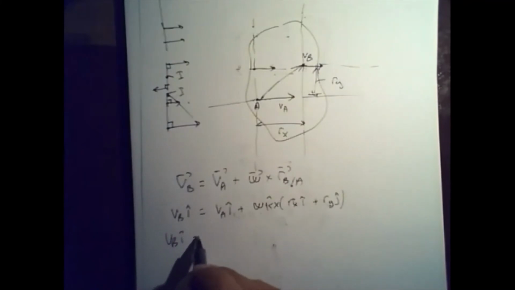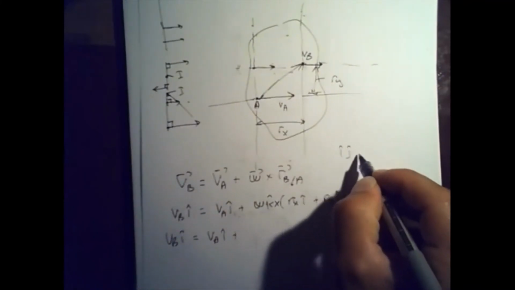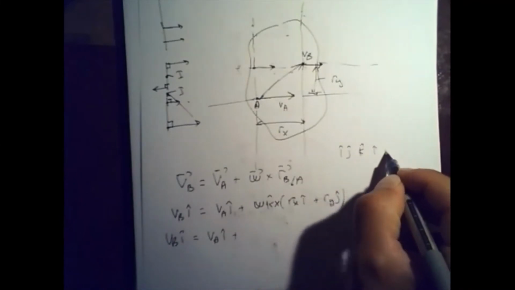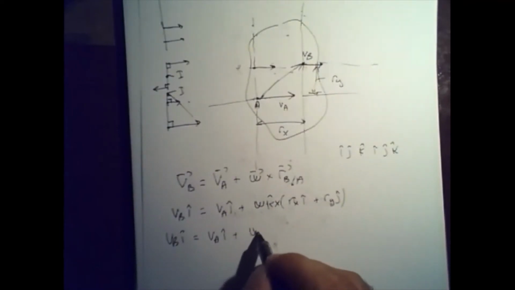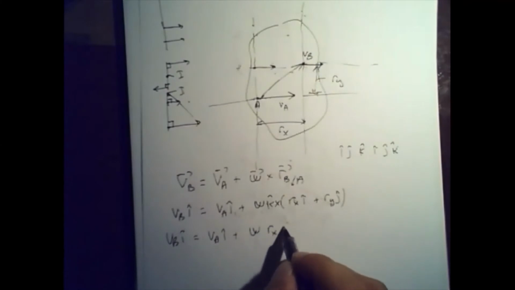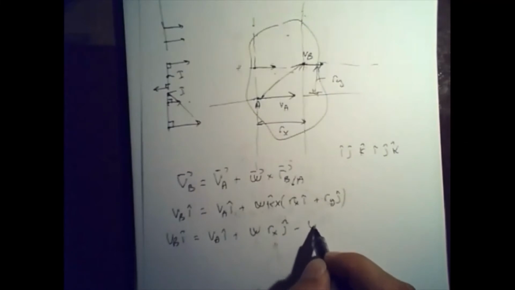Expanding this further, k cross i is j, giving omega Rx j, and k cross j is minus i, giving minus omega Ry i.